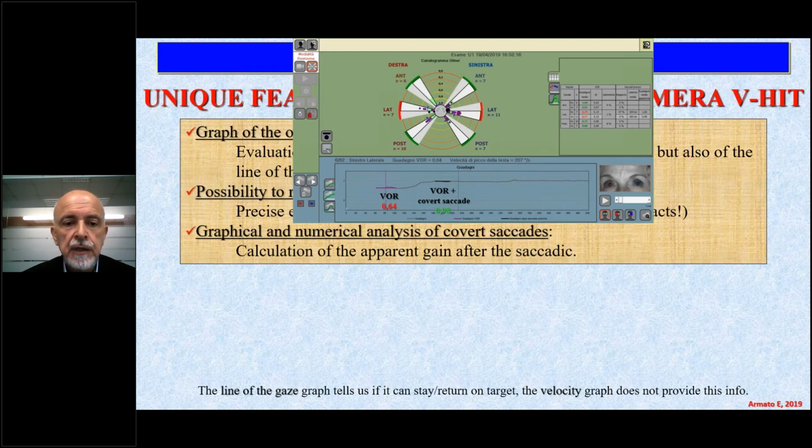So, if the VOR gives us 0.64 for an impulse movement, with the addition of the covered saccade, the gain rises to 0.98, and this represents the true position of the eye at the end of the movement.